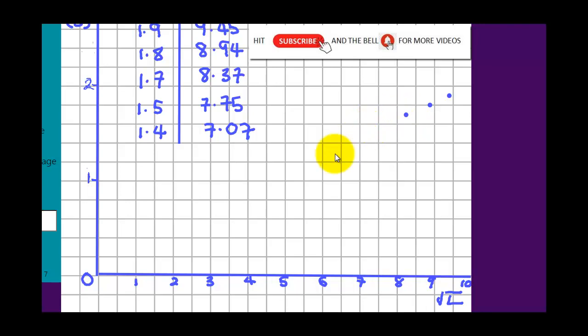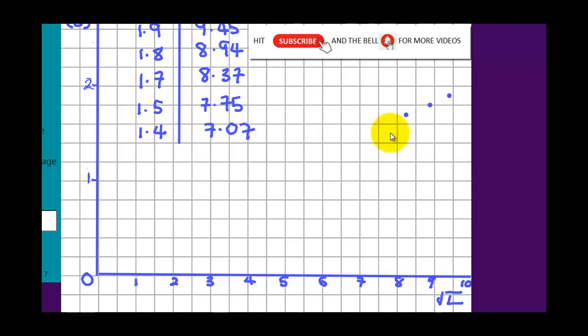Then the next one says 1.5. So this is 1.2, this is 1.4. 1.5 is going to be in between here against 7.75. And that is approximately 7.8. So this is going to be 7.5.